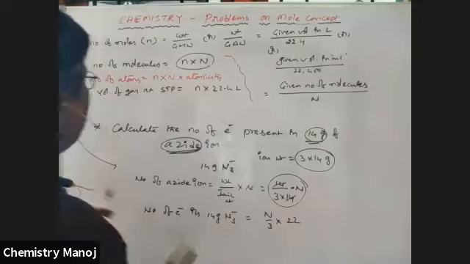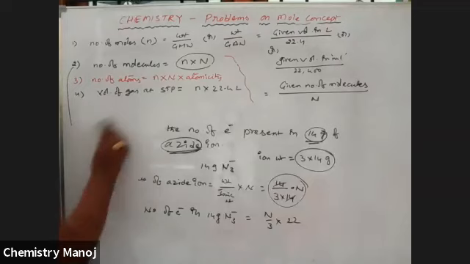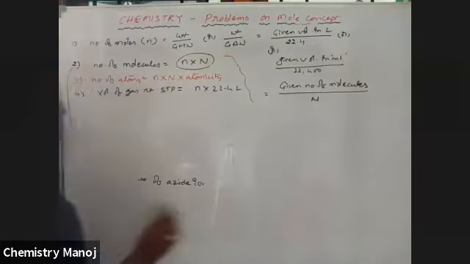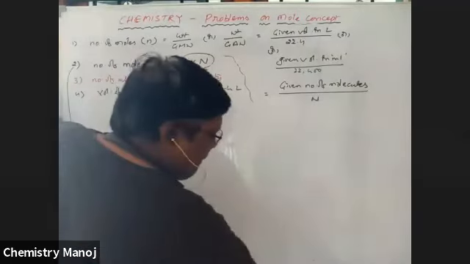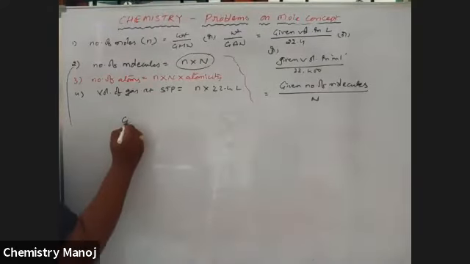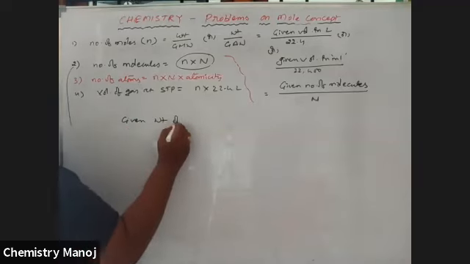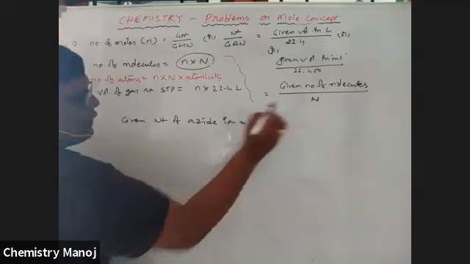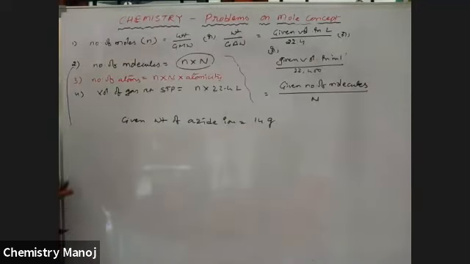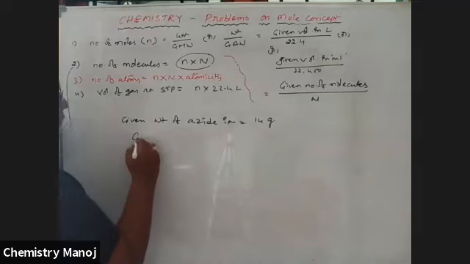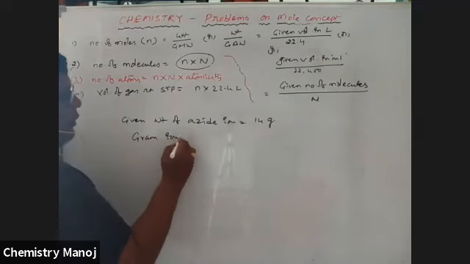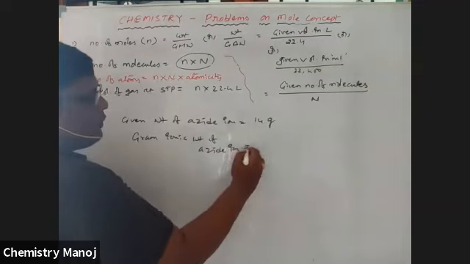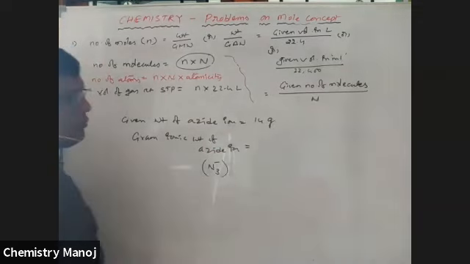Okay, once again I am going to repeat. Given weight of azide ion is equal to 14 grams. Next, gram ionic weight of azide ion: azide ion is N3 minus.